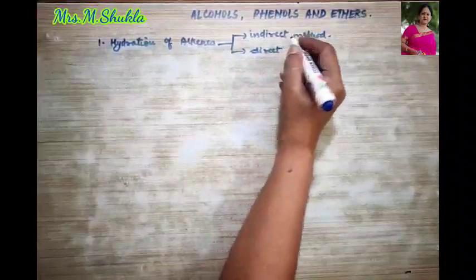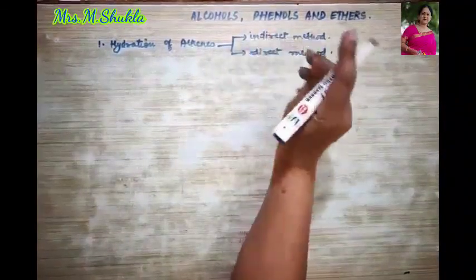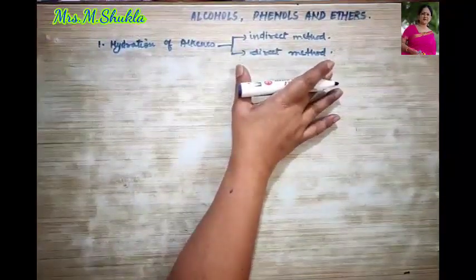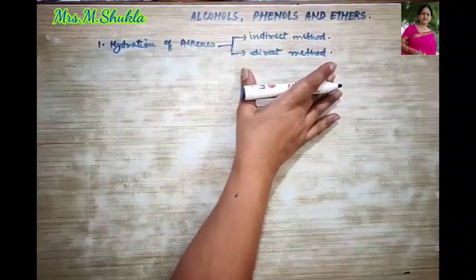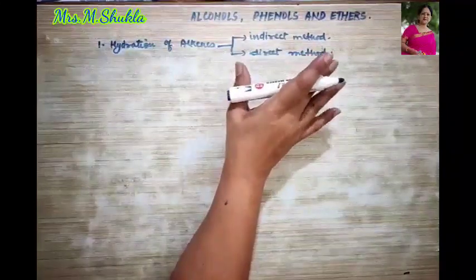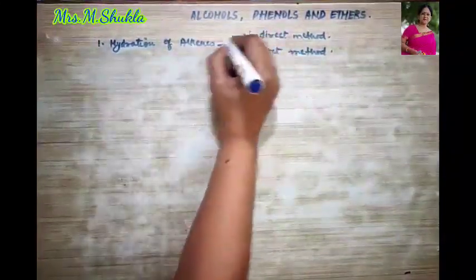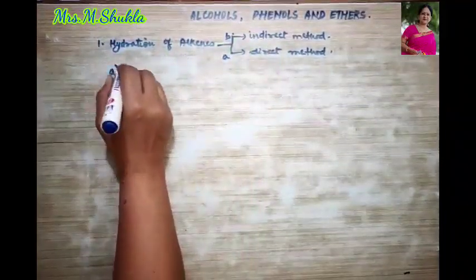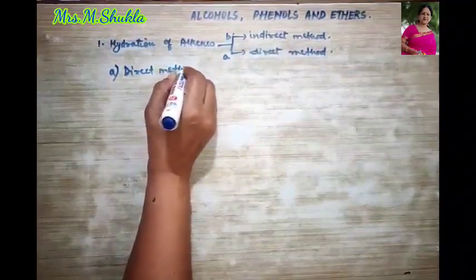So first let us understand the direct method, and then I'll explain the indirect method. In the direct method, the alcohol can be formed by the direct addition of a water molecule to any of the reactive alkenes in the presence of a catalyst. So this is A, this is the B part. Let us talk about the direct method first.